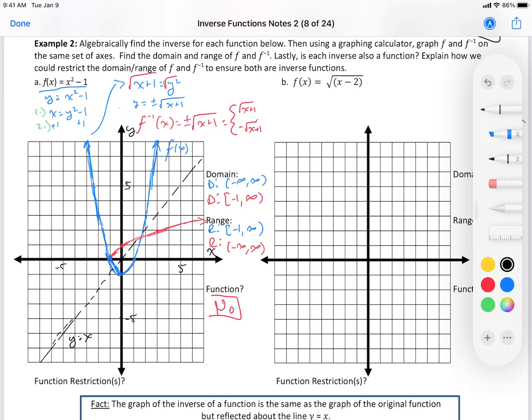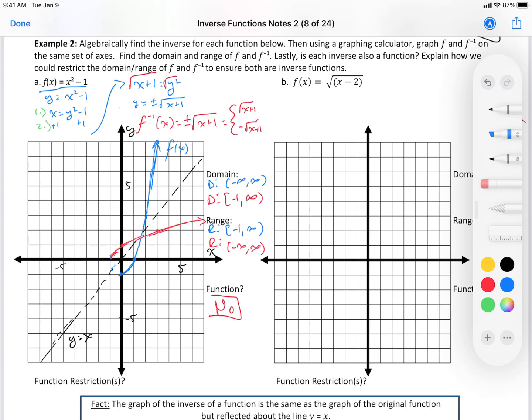How could I change the domain so that its inverse, the square root of x plus 1, only includes the positives and becomes a function? Well, it would work if I got rid of this half, wouldn't it? That would be perfect.